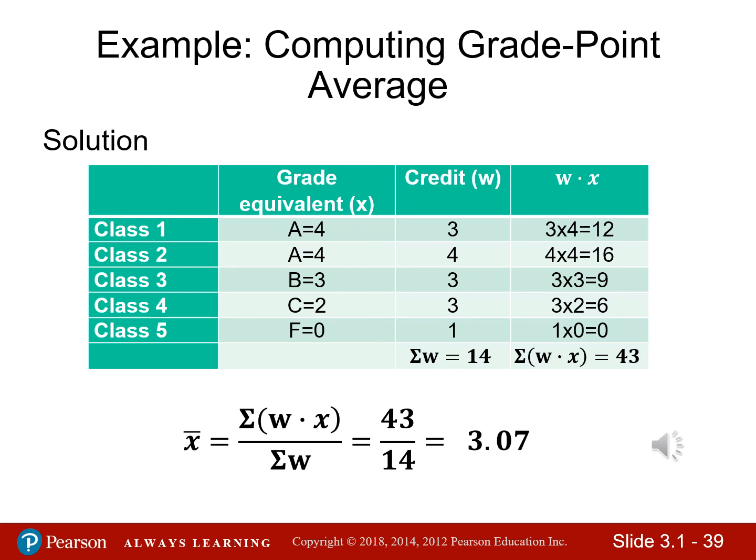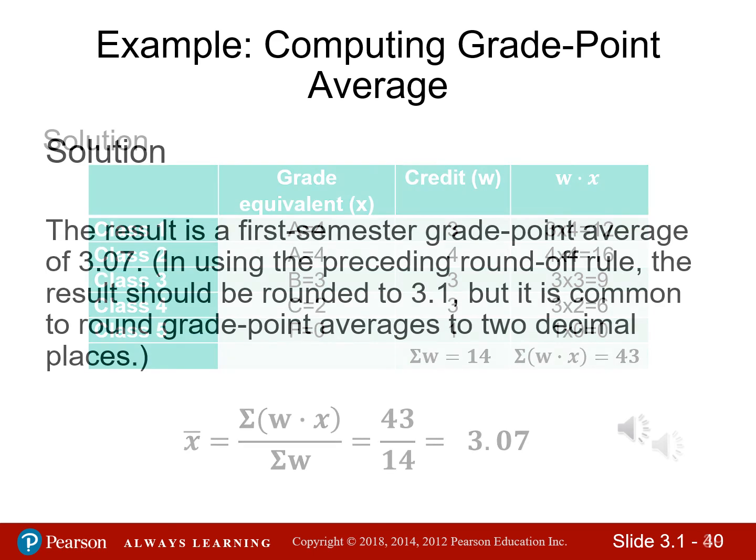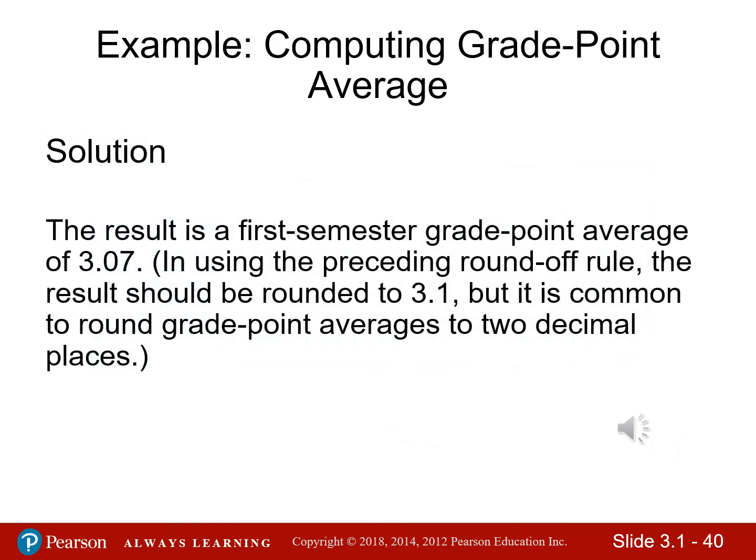So her GPA for that semester was 3.07. Although we would normally round this value to 3.1, typically it's common to have the GPA represented by 2 or 3 decimal places. So in this example, we'll leave her GPA as 3.07.